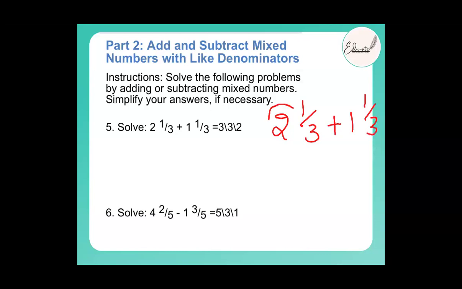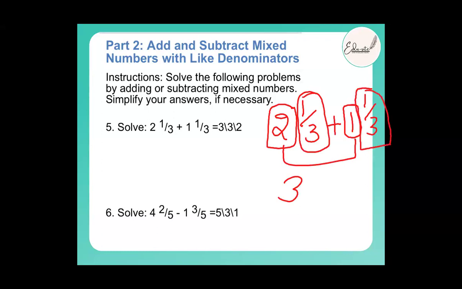Okay? The whole part is 2 and 1. So is my answer correct? No, it is not. 2 plus 1 gives you 3. And 1 by 3 plus 1 by 3 will give you 2 by 3. Yes or no? So 3 whole 2 by 3. Yes, this would be your answer.